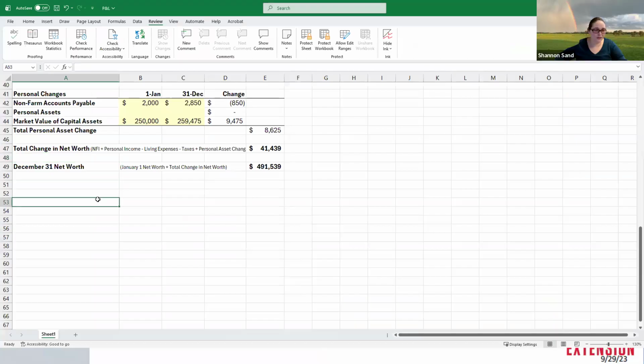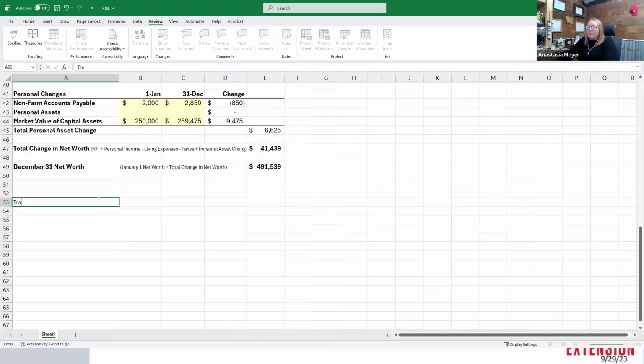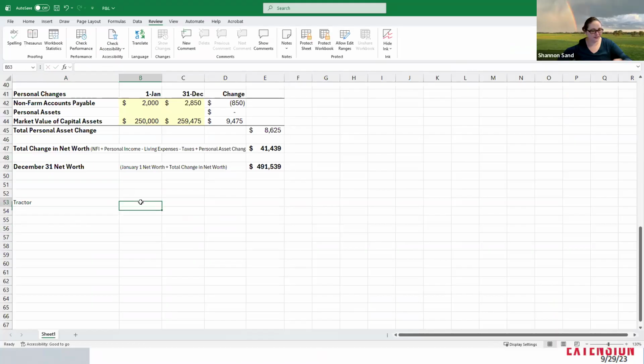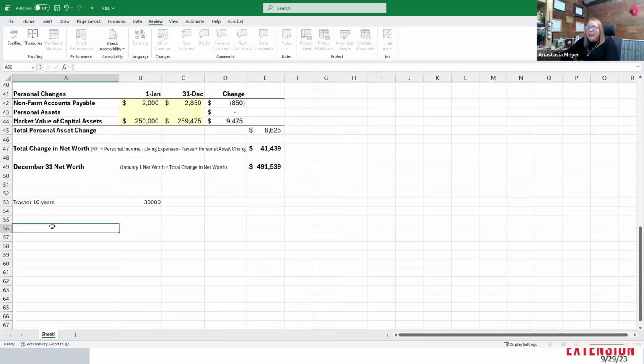Because I'm a visual person, let's say my tractor is worth $30,000. I'm going to use it for 10 years before I want to sell it and upgrade it.